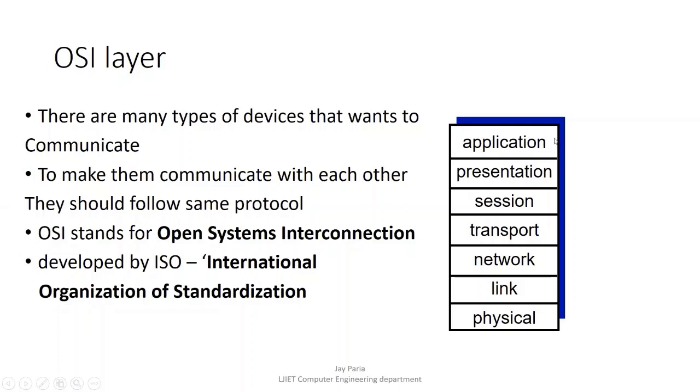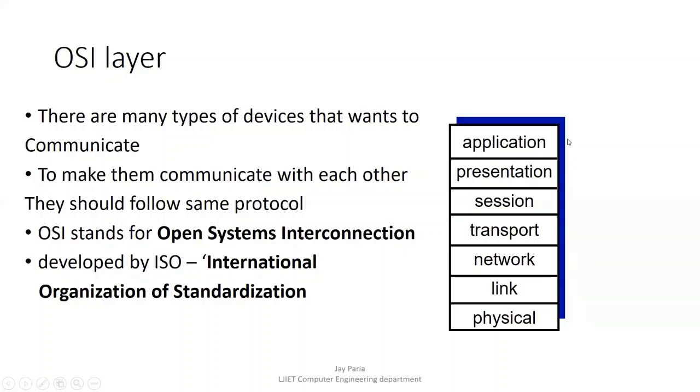As you can see, this OSI layer has 7 layers, and the position of these layers is fixed. The first is the application layer, the presentation layer, session layer, transport layer, network layer, data link layer, and the physical layer. This position of the layers is fixed, so you cannot change any layer.